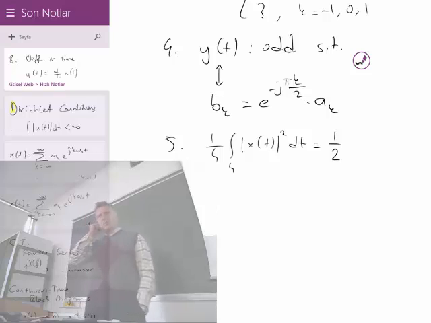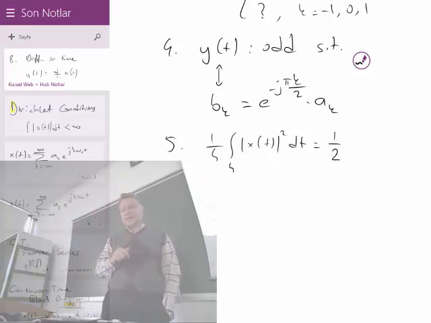If the power is 1 over 2, then it means the sinusoid, if there is no DC, we don't know whether there is a DC or not yet. If the power is 1 over 2 and if there is no DC, then it must be a unit sinusoid. 1 times cosine or 1 times sine or something like that.